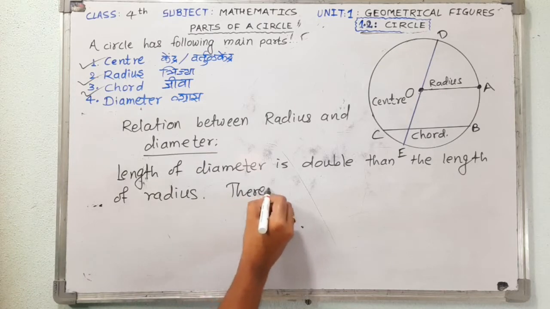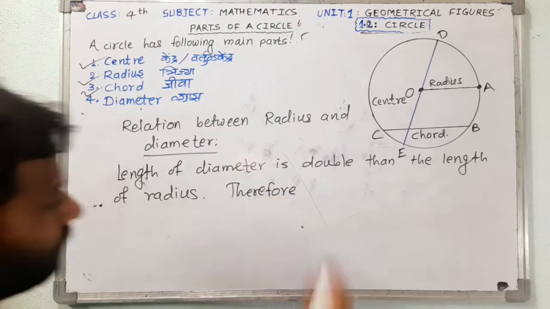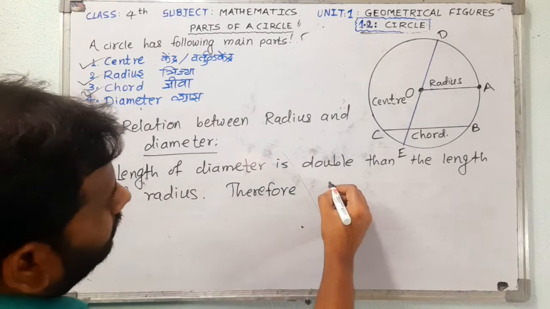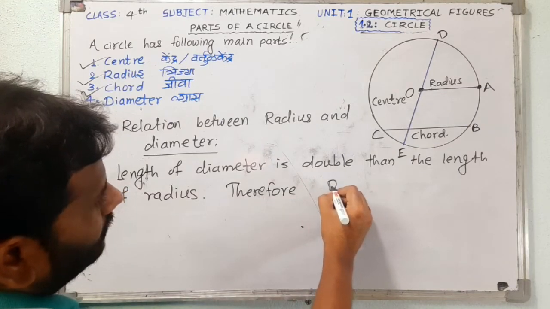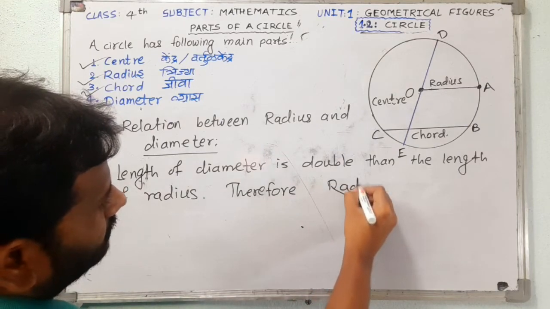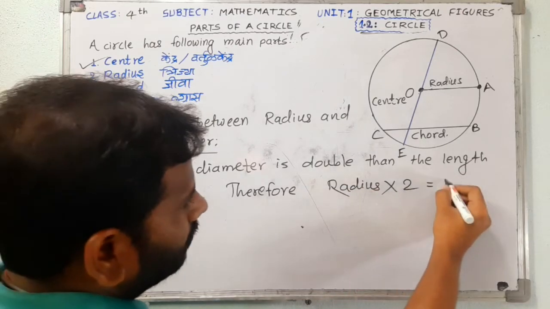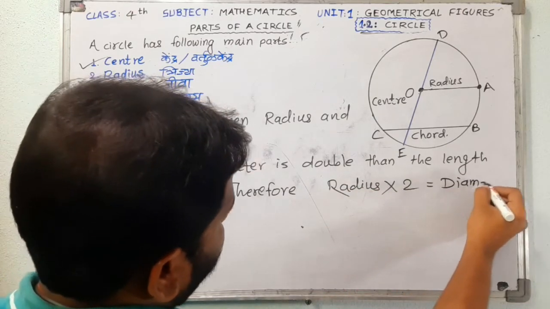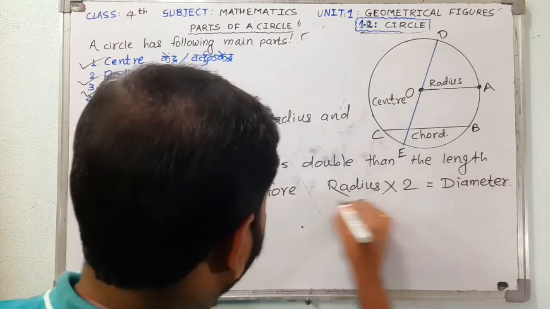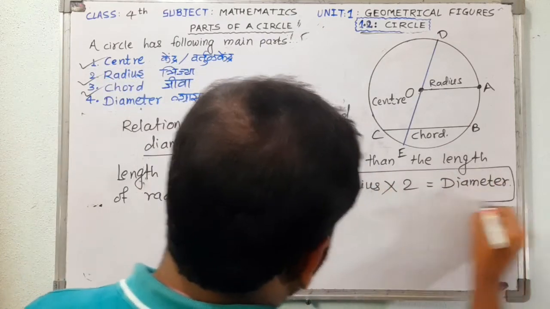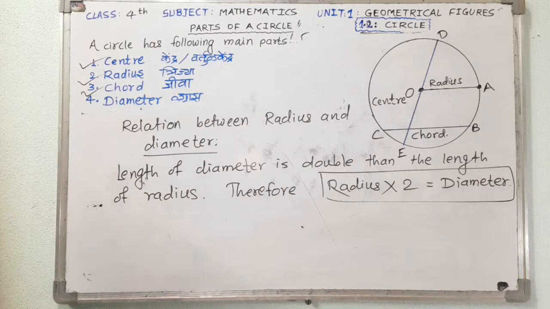Therefore, radius multiplied by 2 is equal to diameter, right? So this is the relation between radius and diameter.